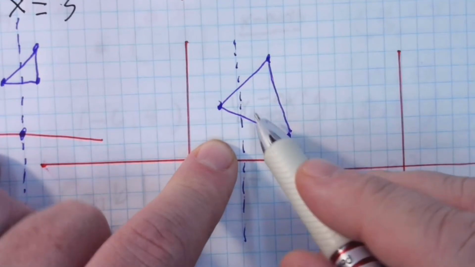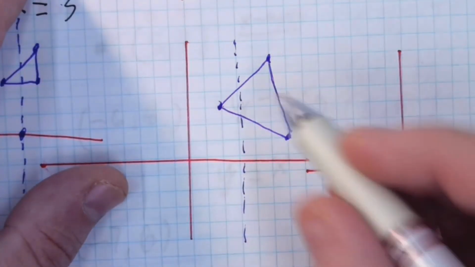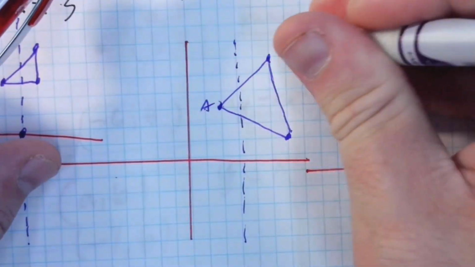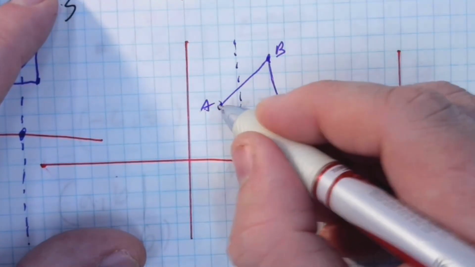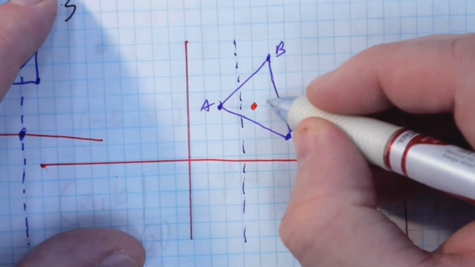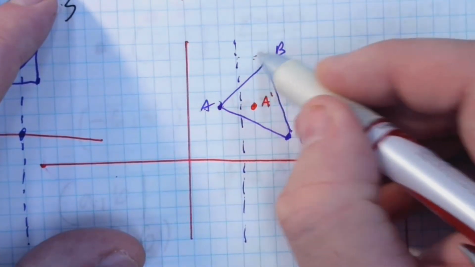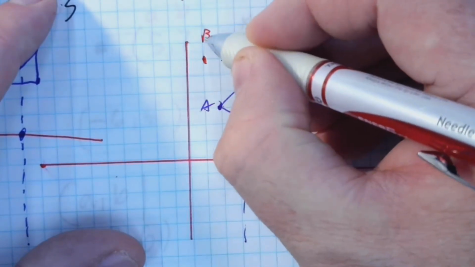And so just seriously, look at this. If this is the mirror right here, this point is 1 away, right? So let me write this down. This is A, B, C. That is the pre-image. And so that's 1 away. So then the image would be here. Let's see, this is 1, 2 away.